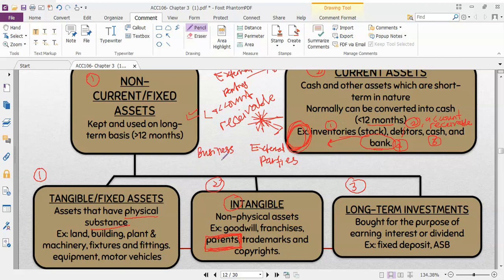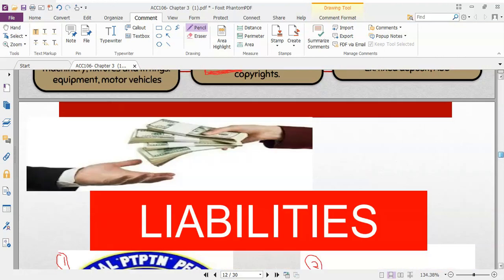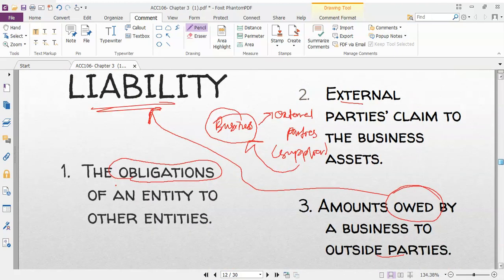That is wrong. If we are the business, meaning the owner of the business, correct. If the business owes external parties or a bank, that is not account receivable. So what is it? Liability. The business owes external parties, suppliers or financial institutions. That is liability.